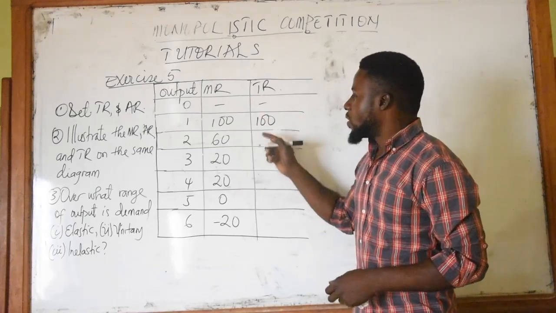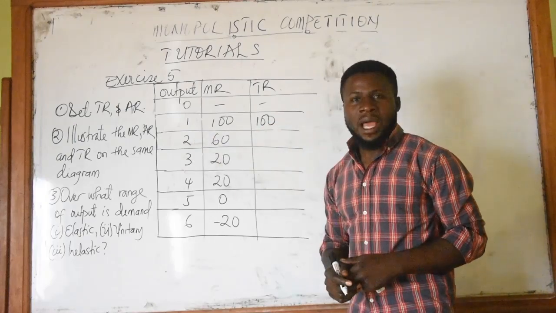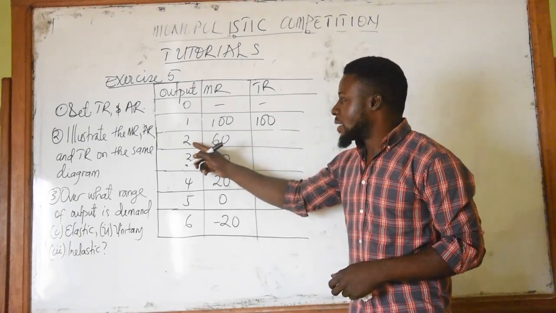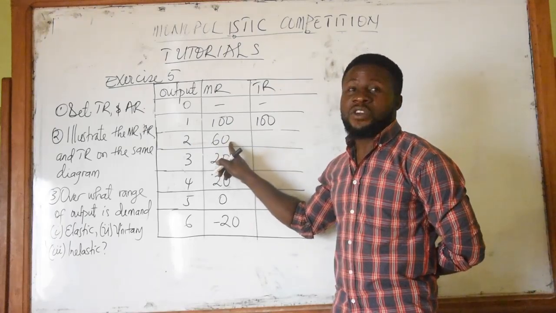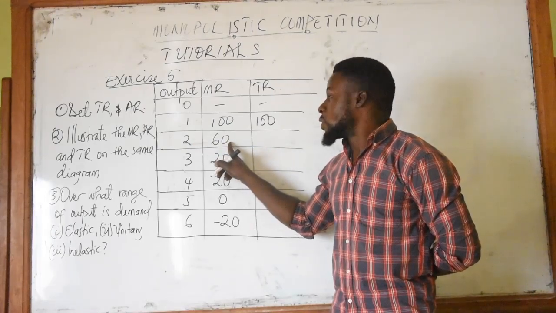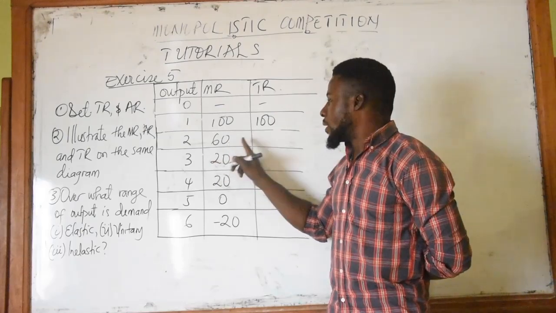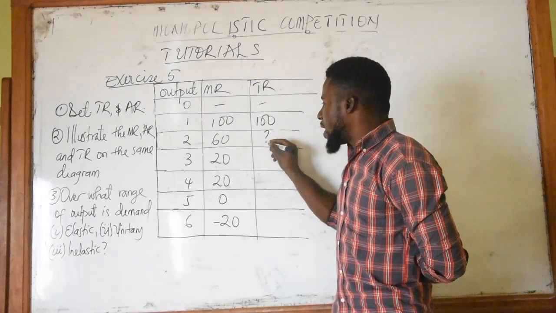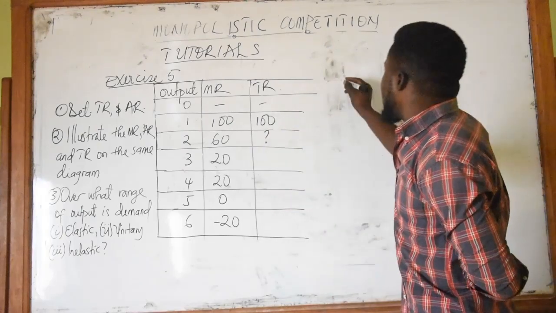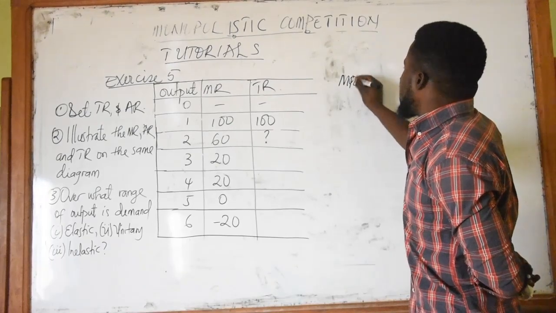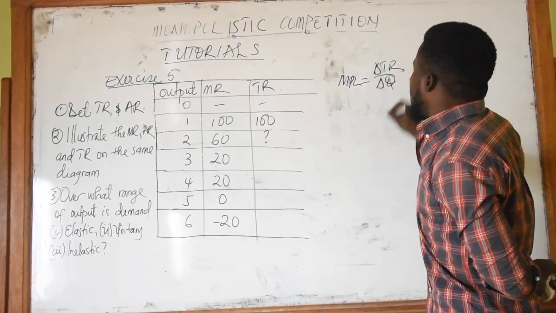To continue from the second output level, how do we get the total revenue? We know that this marginal revenue of 60 was gotten by looking for the difference between this total revenue and the previous total revenue. We say marginal revenue is equal to change in total revenue over change in output.